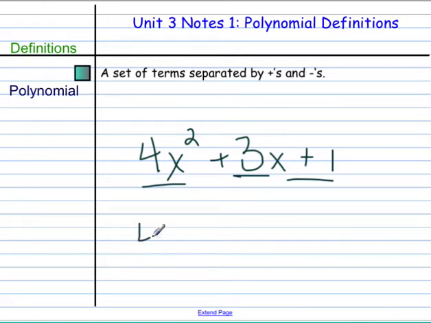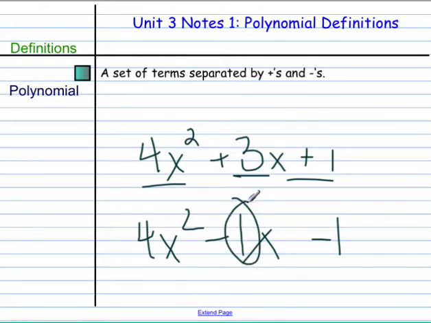We also could have thrown in a minus sign if we wanted to. All of these represent polynomials. Just as a side note, if there's no number in front of the letter, that makes your coefficient 1, not 0.